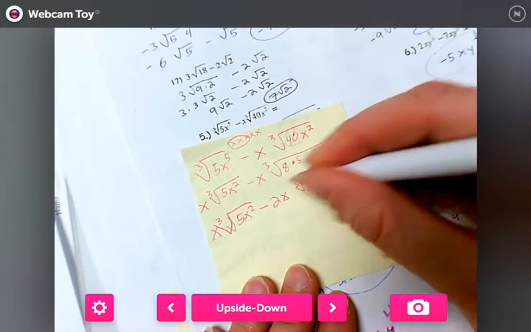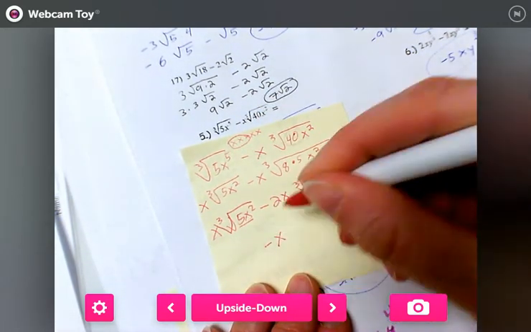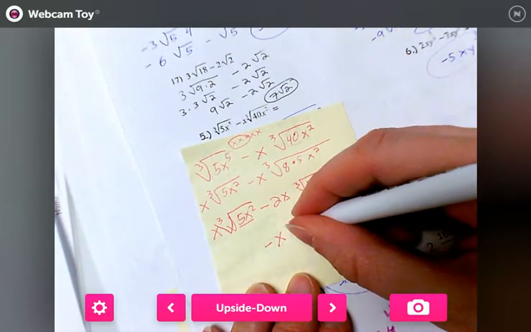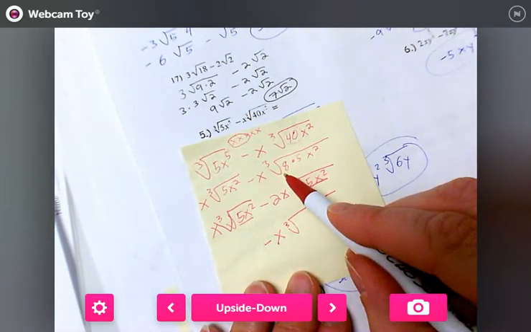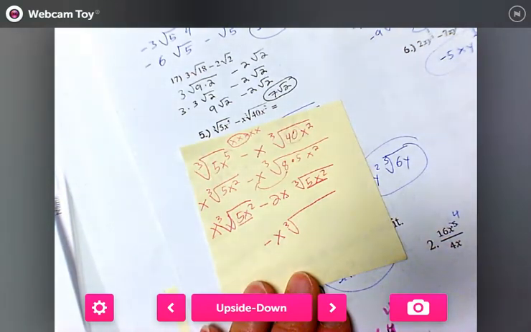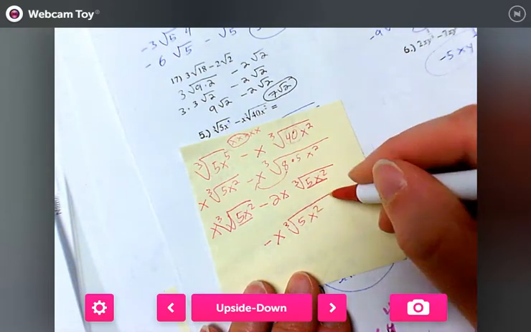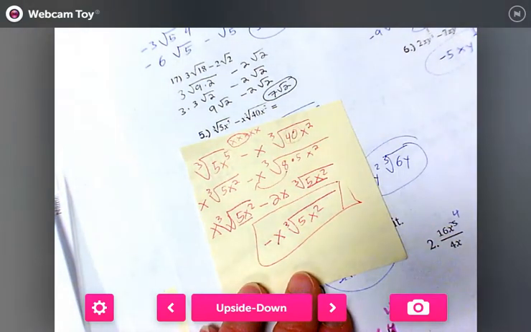See how these inside match? Now x minus 2x is just negative x. Where does the 2x come from? Because 2 times 2 times 2 is 8, so we took the 2 and put it out there in front of the x. Giving us 5x squared. So that's my final answer. So I just didn't finish the problem.